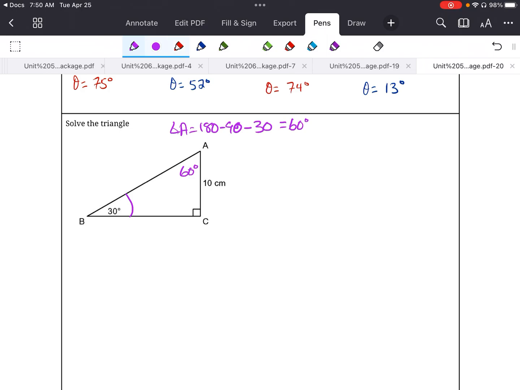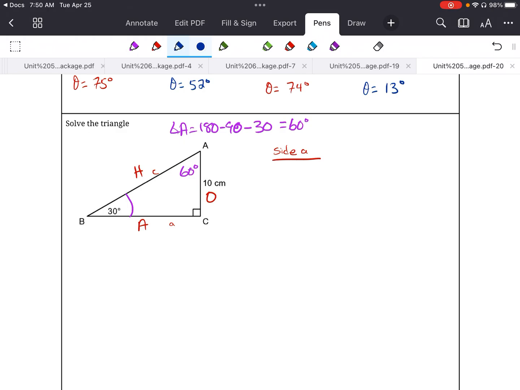Okay. We know this is our hypotenuse. If we're working with 30, this is our adjacent. This is our opposite. So we can use SOHCAHTOA to figure out the sides. For side A, which is the bottom here because it's across from angle A, we're working with adjacent and opposite because we're working with that angle 30.